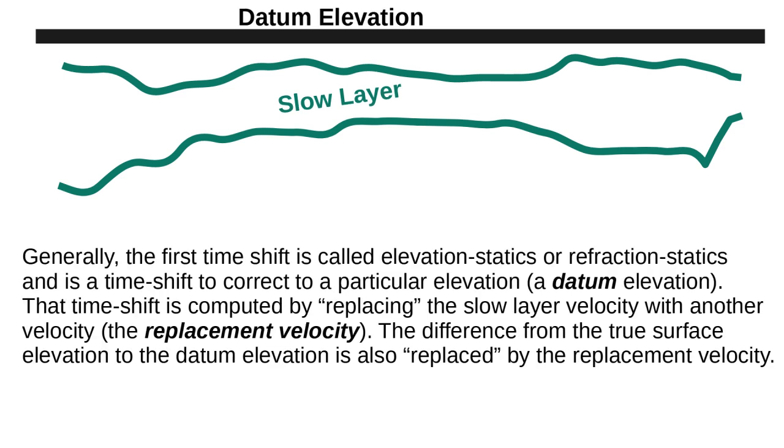Generally, the first time shift is called elevation statics or refraction statics and is a time shift to correct to a particular elevation, a datum elevation. That time shift is computed by replacing the slow layer velocity with another velocity, the replacement velocity. The difference from the true surface elevation to the datum elevation is also replaced by the replacement velocity.